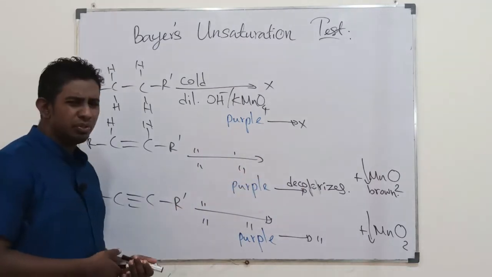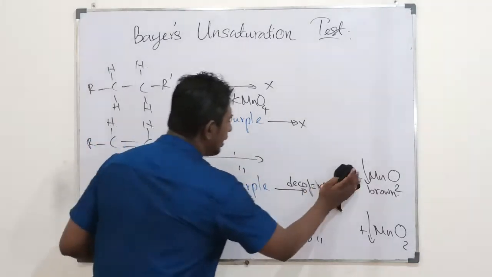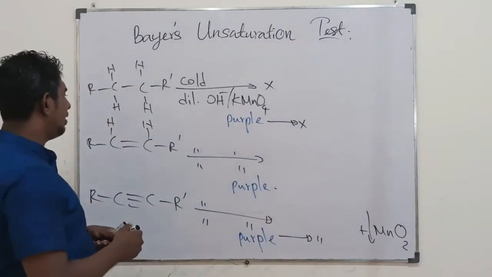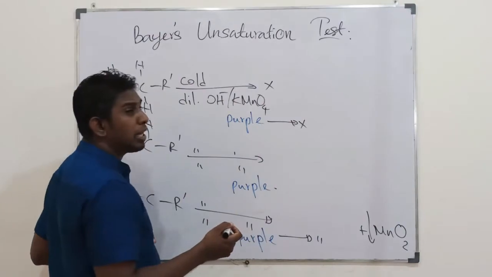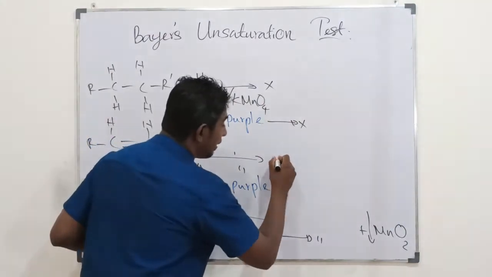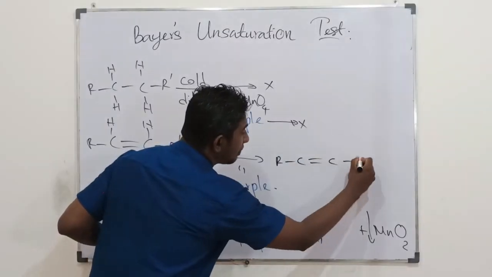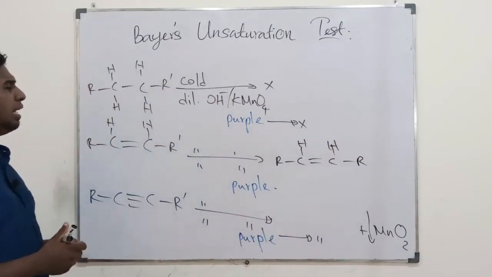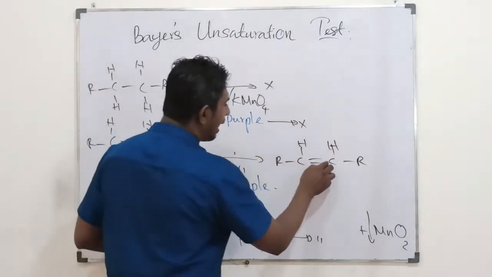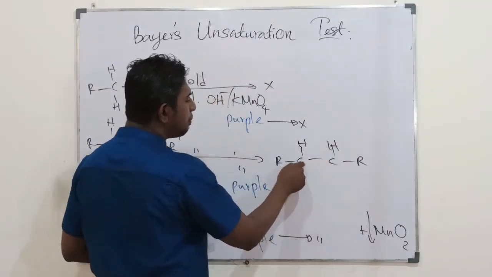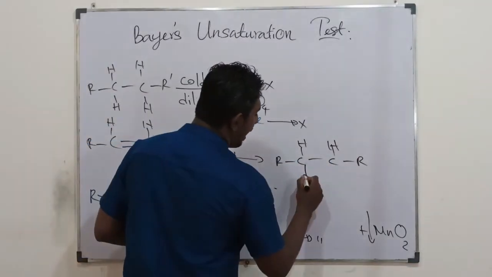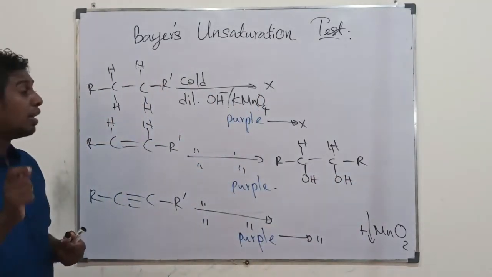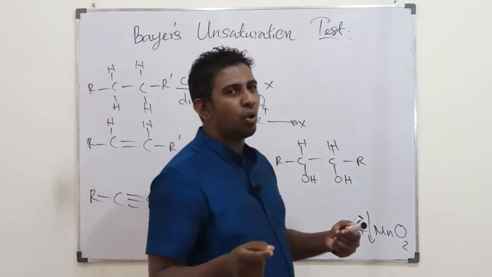So students, you need to know the possible product given when you treat an alkene with cold dilute alkaline potassium permanganate, the Bayer's reagent. So this is the alkene you have initially. With cold dilute alkaline potassium permanganate, this pi bond will be opened up and two alcohol groups, OH groups, will be attached, one on each carbon.